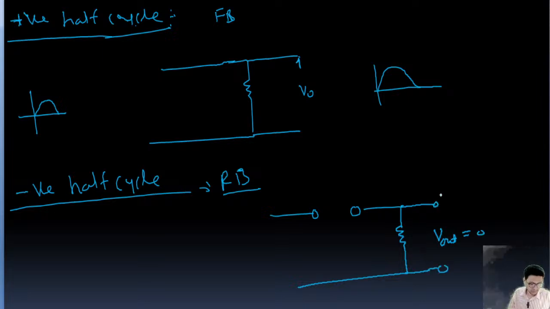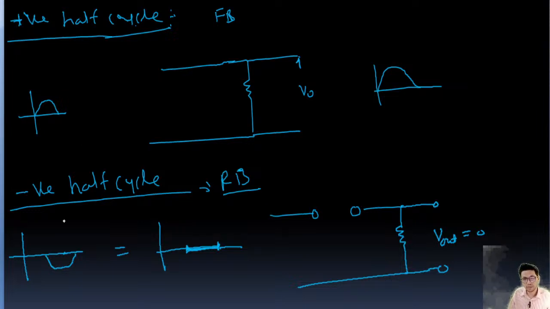Suppose for the negative half cycle we have given this cycle, we have got output like this, because this part is going to be 0. So this is for the series clipper.